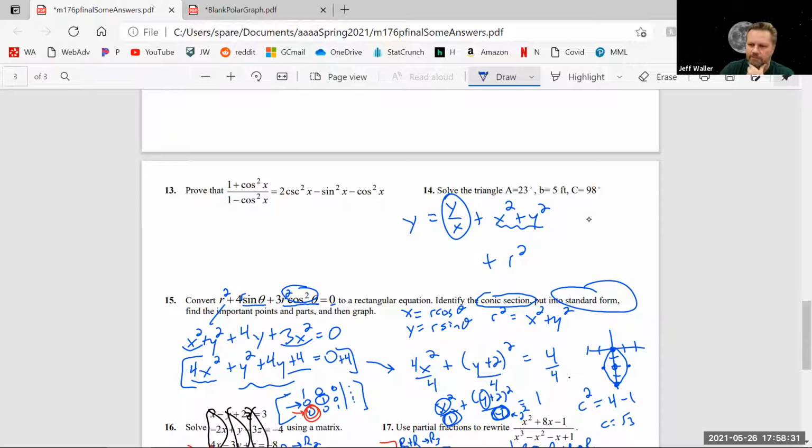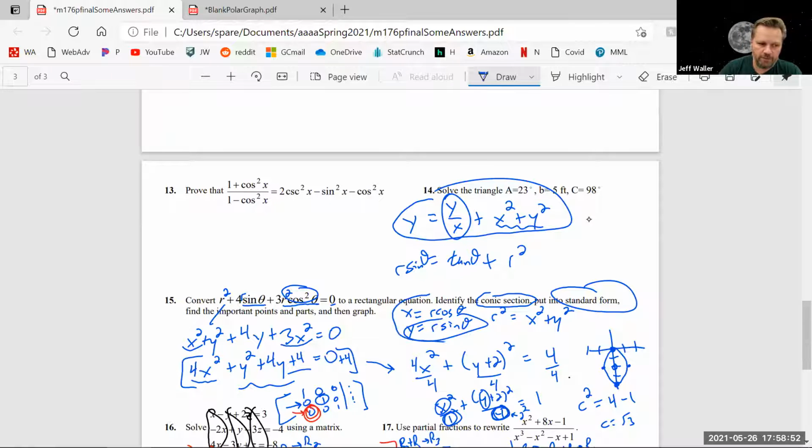Tan theta. Tangent, I like it. And of course, y is just good old r sine theta. So if I start off with rectangular, that's not that bad. You just have to remember the conversion formulas. Not too evil, I hope.